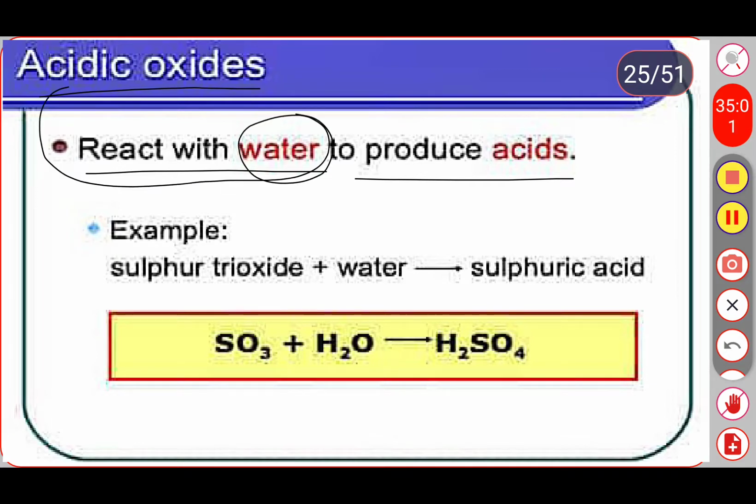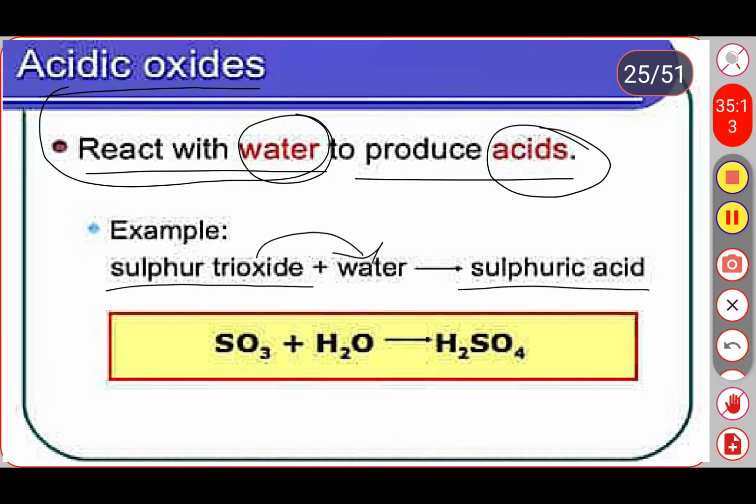Sulfur trioxide dissolved in water gives sulfuric acid. Here see the equation of sulfuric acid: SO3, sulfur trioxide, when it combines with water, H2O, forms H2SO4. So this is the formation of sulfuric acid.